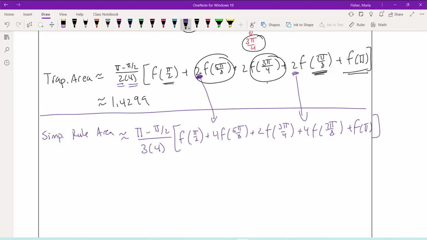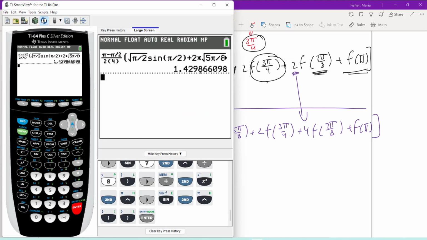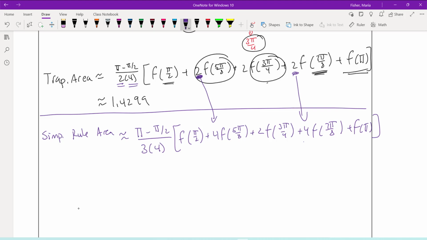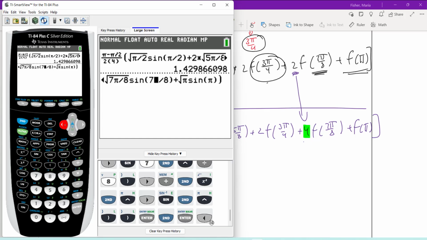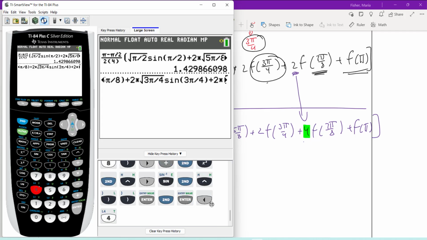Go to the calculator, hit second, and then enter. And then all you're going to be doing is changing those numbers, making these guys 4s and making this a 3. Making that a 4. Making this a 4.